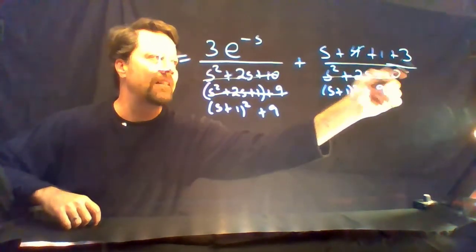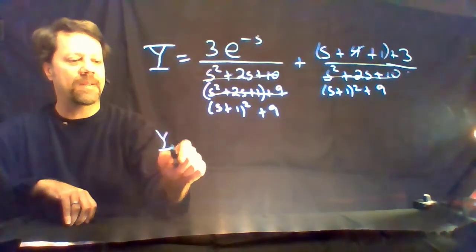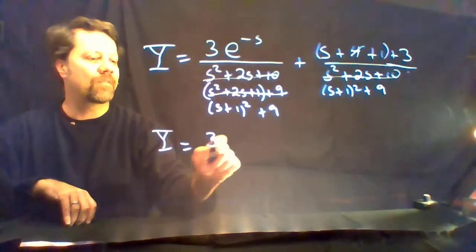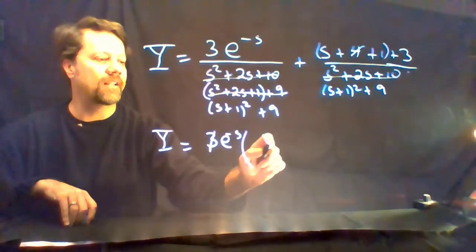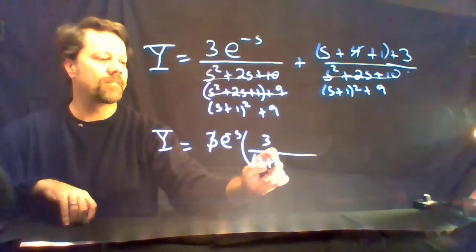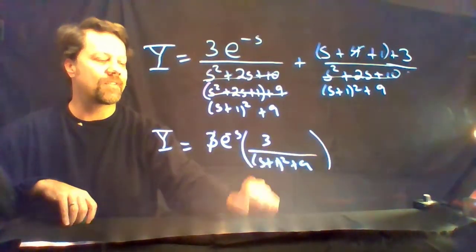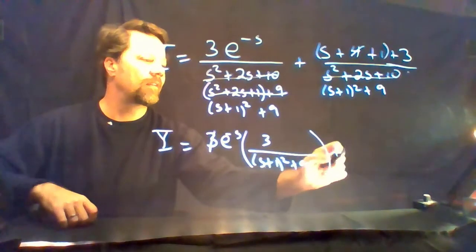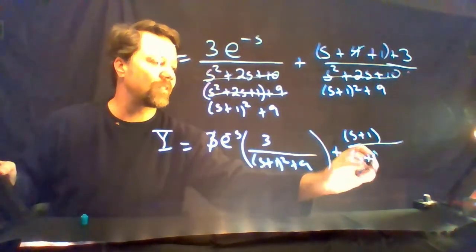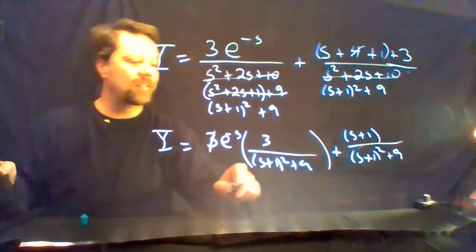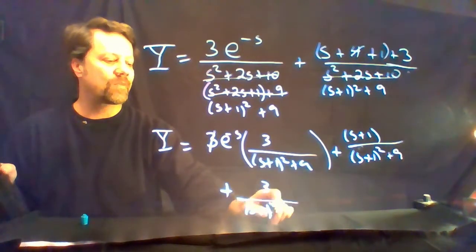We'll have to split this off, so that we can write Y as 3 e to the minus s. This 3 goes nicely in this spot here because the square root of 9 is 3. Then we have s plus 1 plus 1 squared plus 9, plus 3 over s plus 1 squared plus 9.